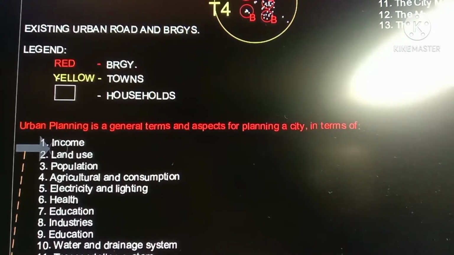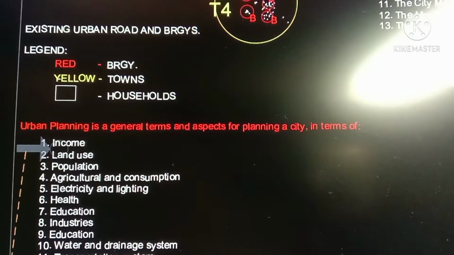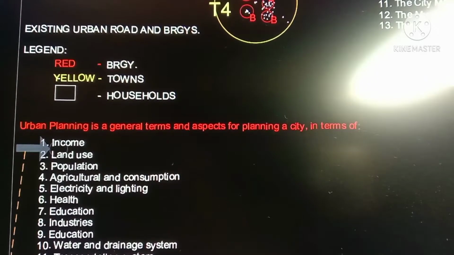Okay, in a city, you cannot just build a building anyhow. So there must be a group of buildings in order to have proper urban planning. All those residential buildings must be in one place, and industrial, commercial, and institutional buildings must be in another place.